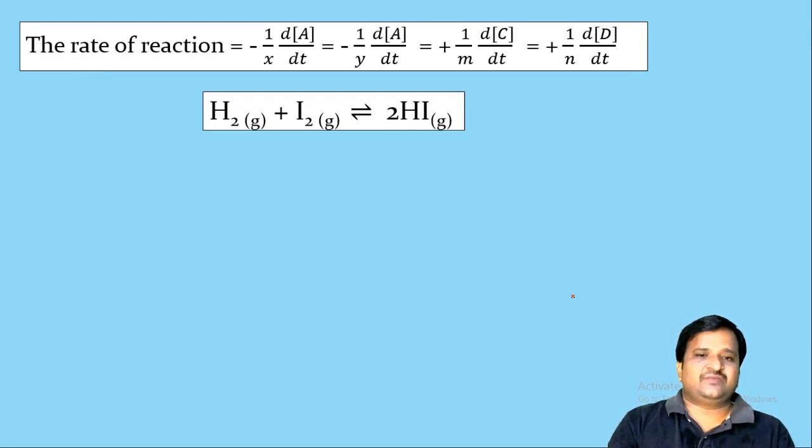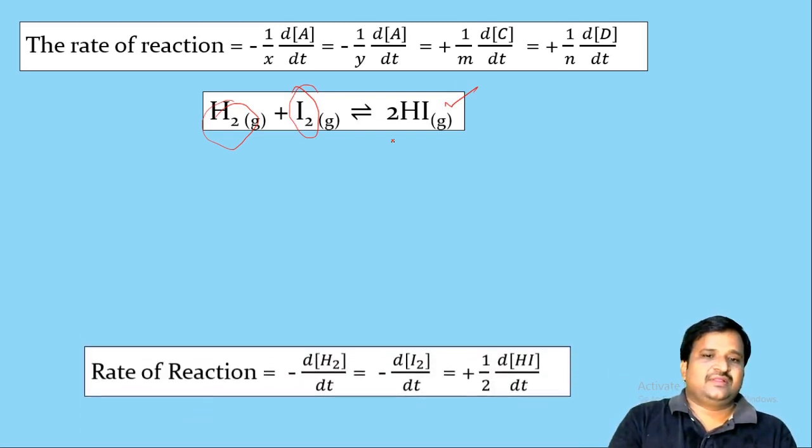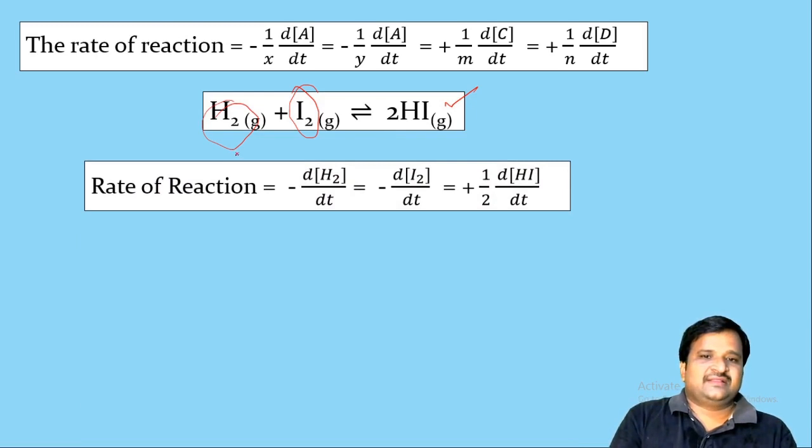Here is an example: H2 + I2 gives 2HI. For this reaction, how can you write the rate of reaction?